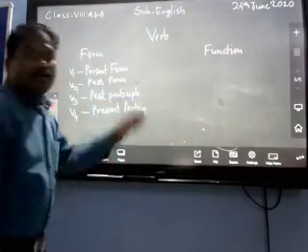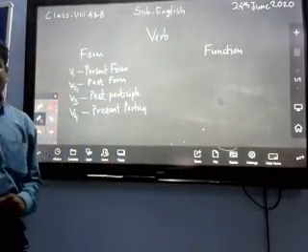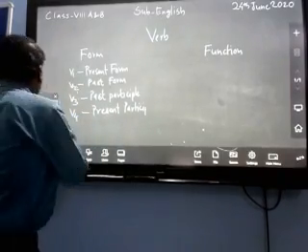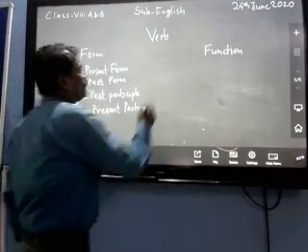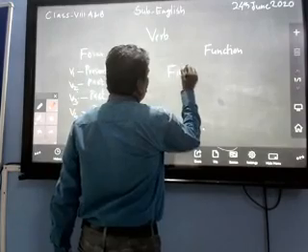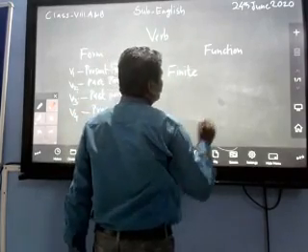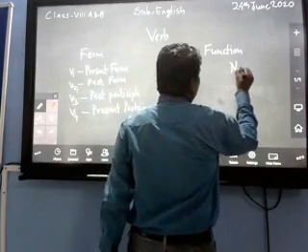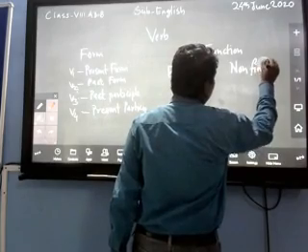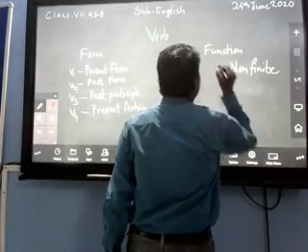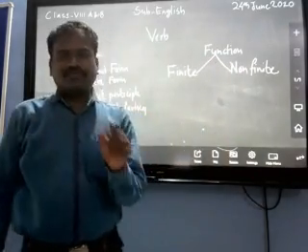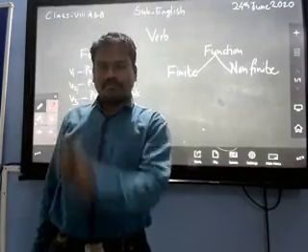Now, these functions are basically of two types. First type is finite. Second type is non-finite. Now this is finite verb and non-finite verb in function.